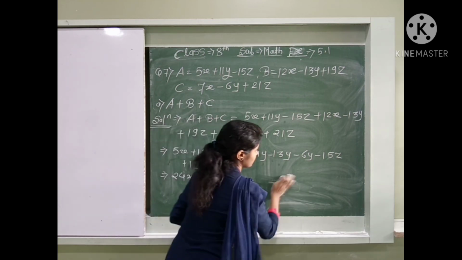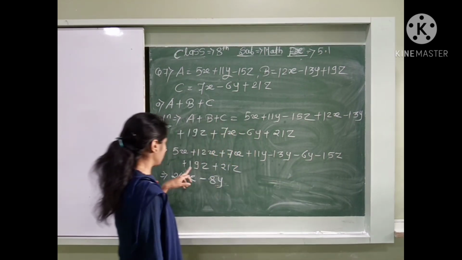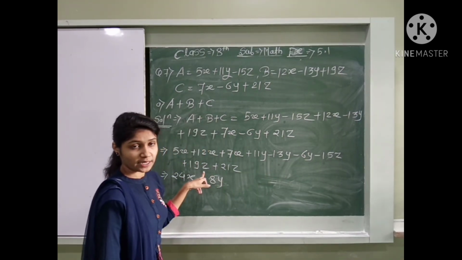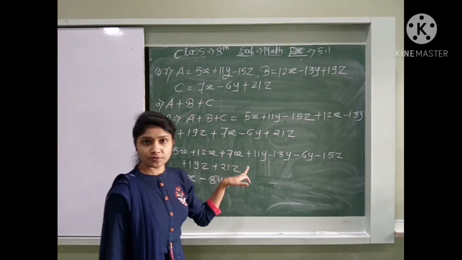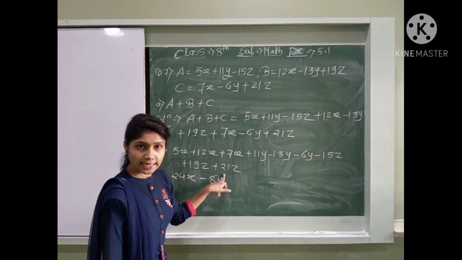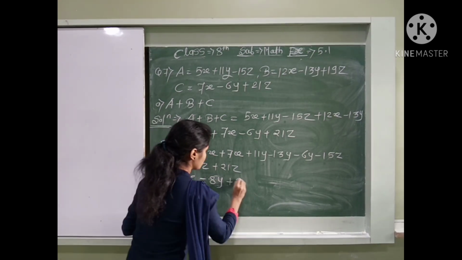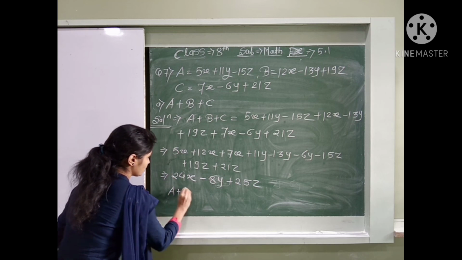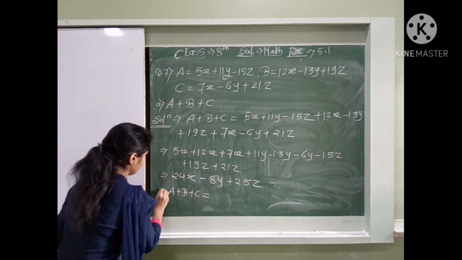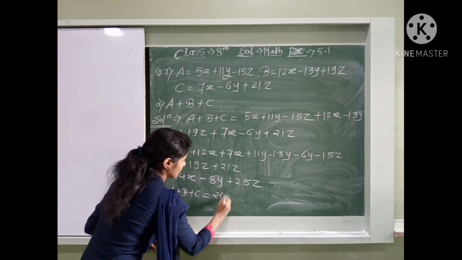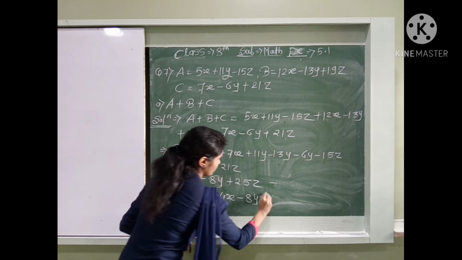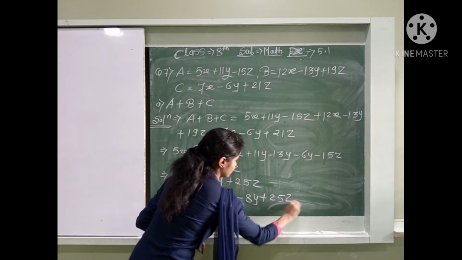Now z: minus 15z plus 19z. 19 minus 15 is 4z. 4z plus 21z is 25z. So the value of A plus B plus C is 24x minus 8y plus 25z. This is the answer.